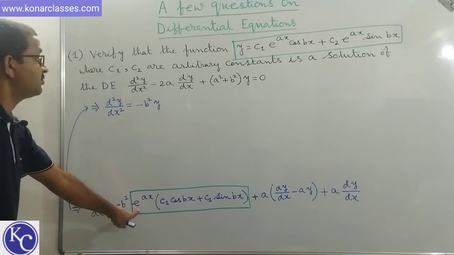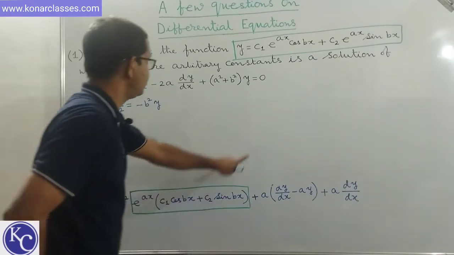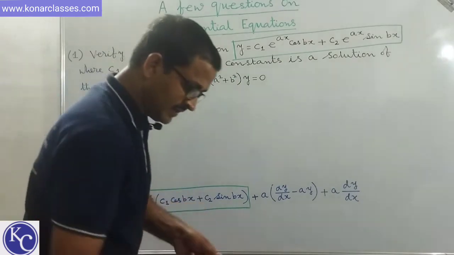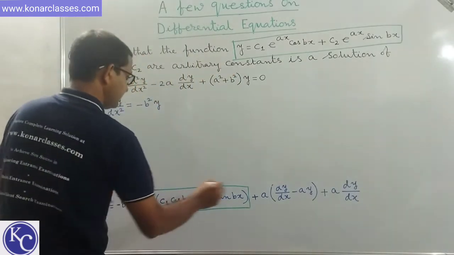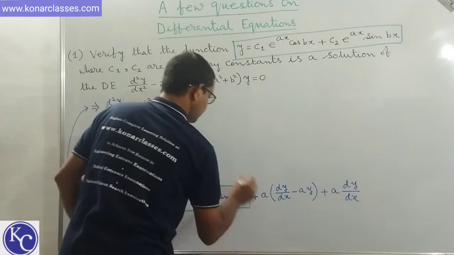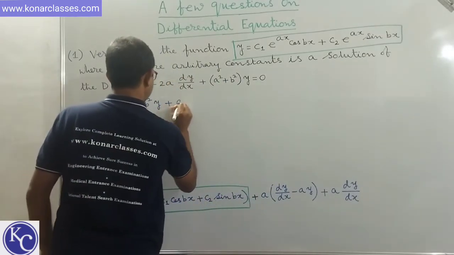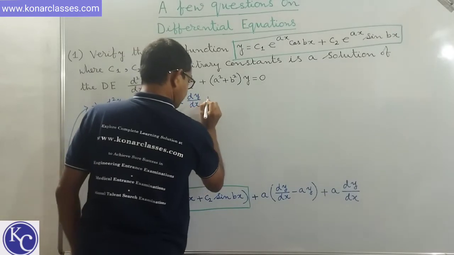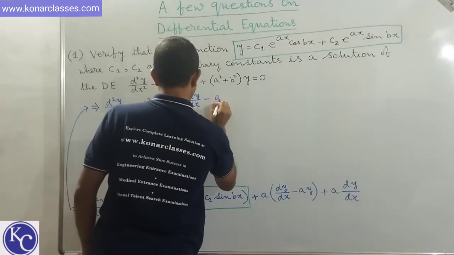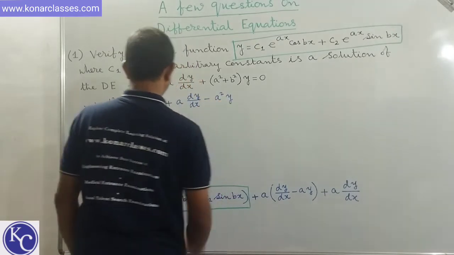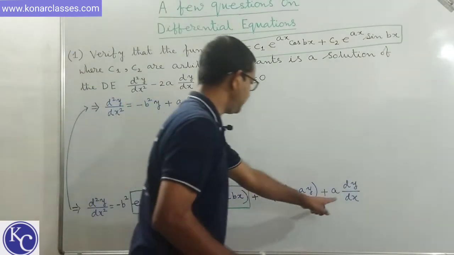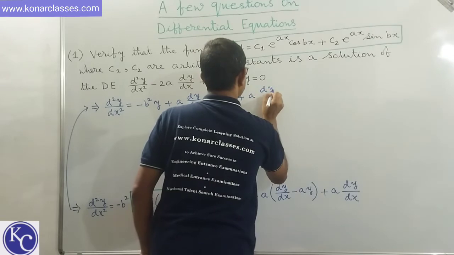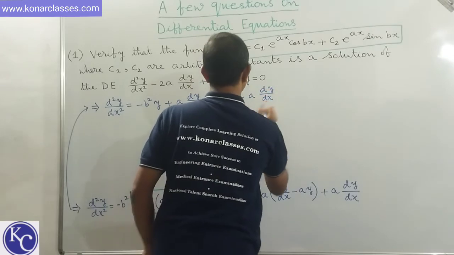E power ax we took common, c1 cos bx plus c2 sin bx, that's why you write minus b square y plus this one, a dy/dx minus a square into y, correct, plus a dy/dx.